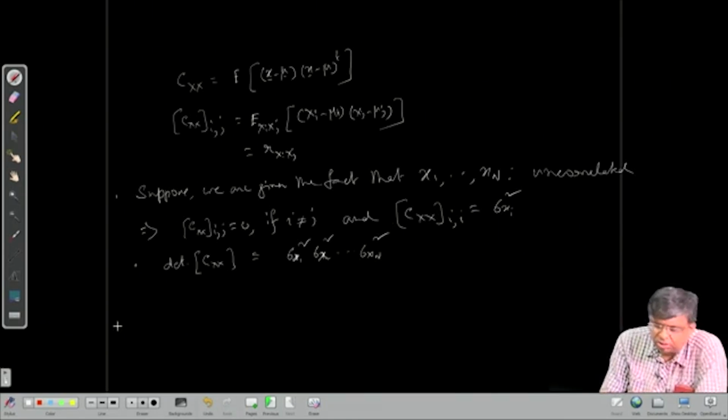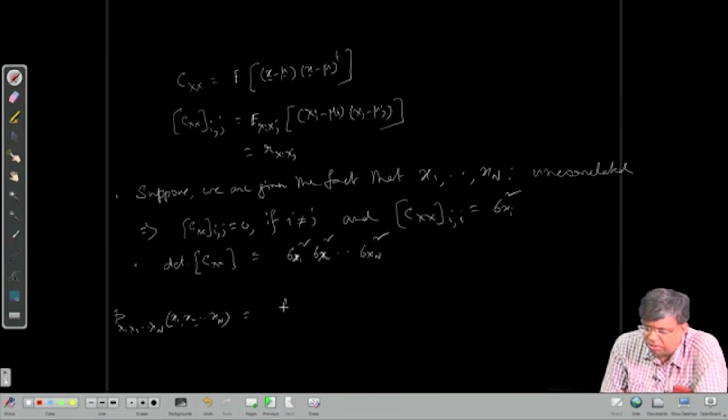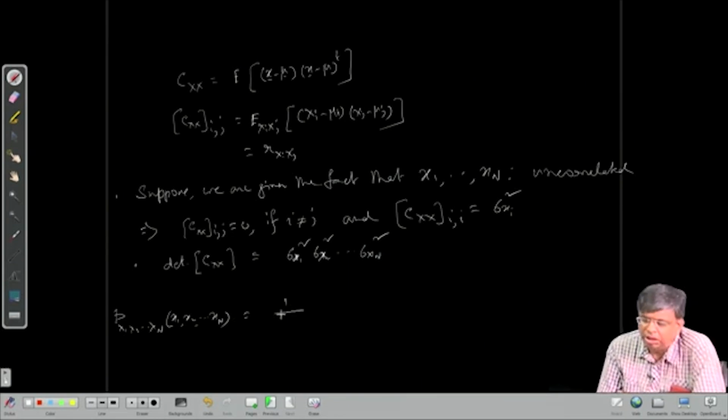So in that Gaussian formula, p(x1, x2, ..., xn), we remember we had 1 by root of 1 by 2 pi whole to the power n by 2. And then in the denominator we had the positive square root of the determinant. So if you take the positive square root, it will become sigma x1, sigma x2, sigma xn, like that.